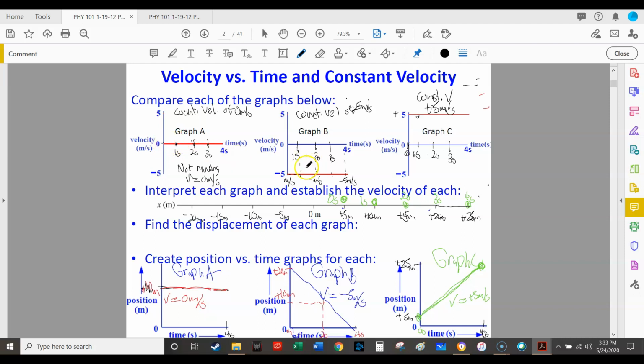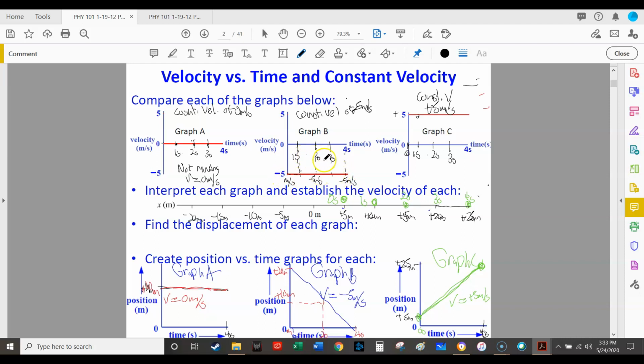If the object, let's do this one. For the object, this guy, for this particular point in time, it was traveling at -5 meters for every second. So in this particular first second, it traveled -5 meters. In the next second, it traveled -5 meters. In the third second, it traveled -5 meters. In the fourth second, it traveled -5 meters.